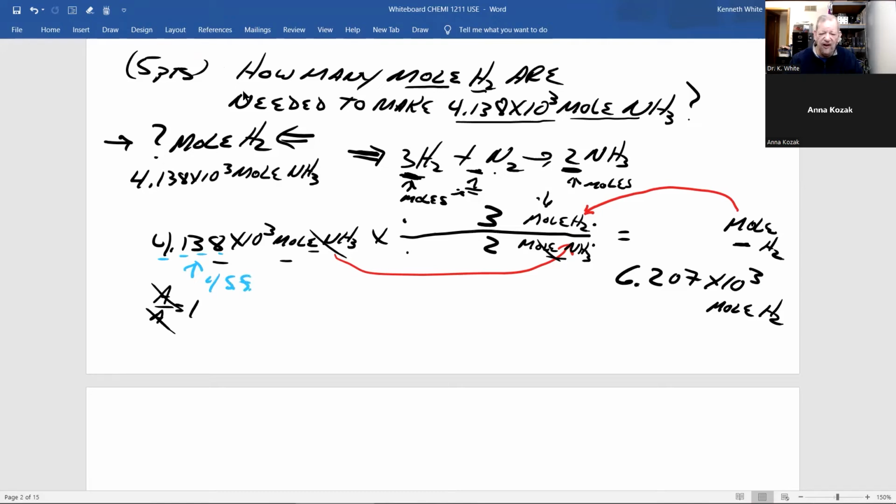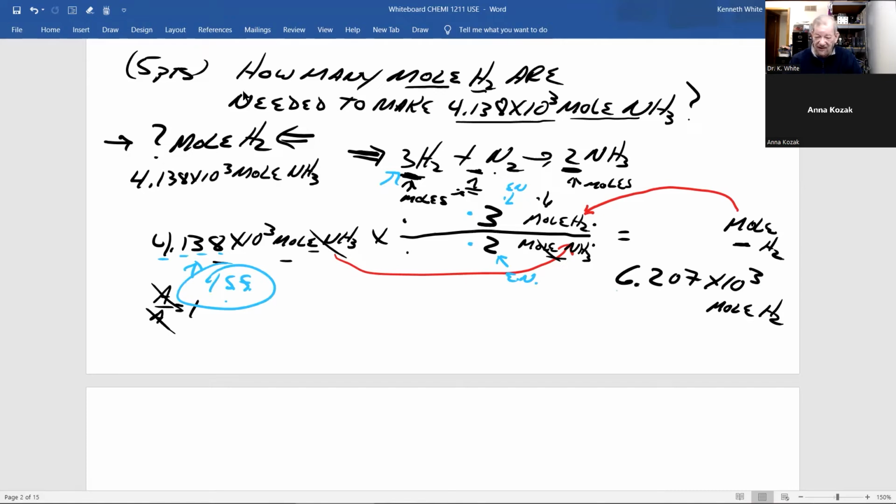These numbers here, 3 and 2, come from the balanced chemical equation, and those are exact numbers. They're never used to determine significant figures. So the only thing I have to go by is that my answer should be 4 significant figures.